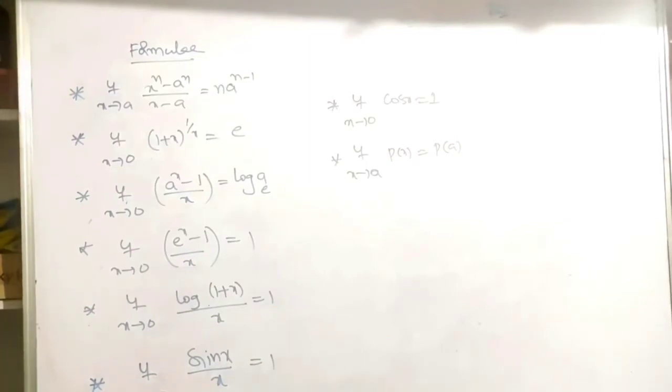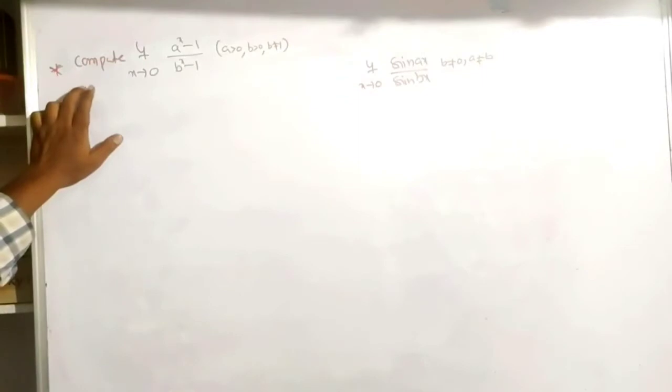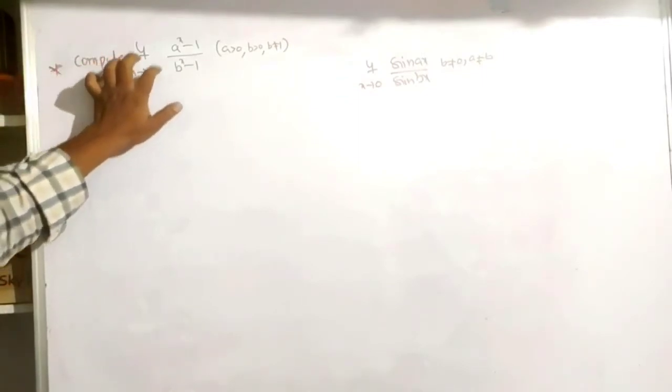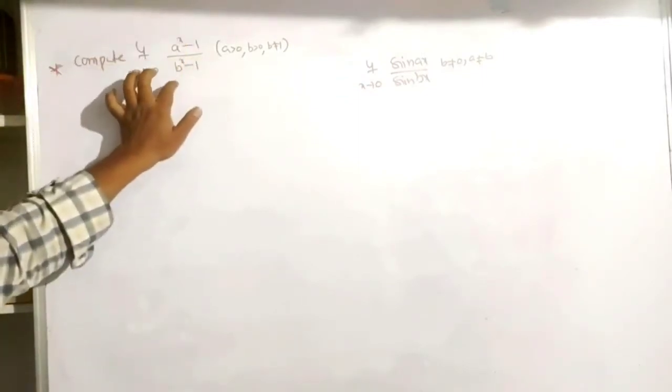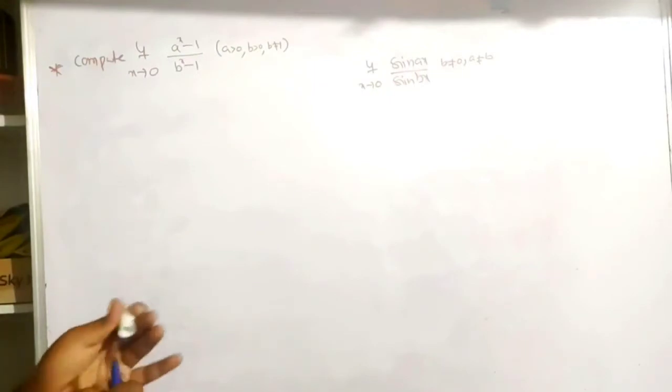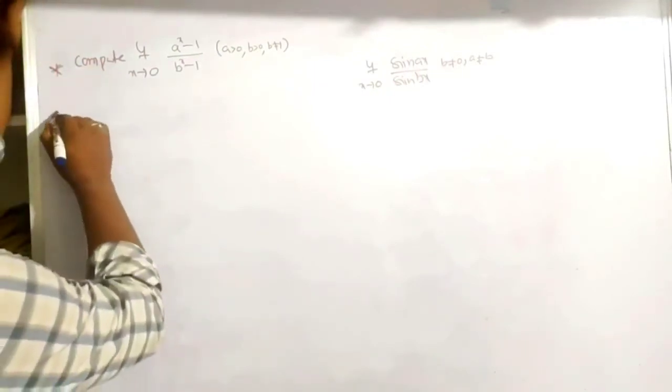So let us see. Next problem, compute limit as x tends to 0 of (a^x minus 1) by (b^x minus 1). First of all, you can find the answer very easily.